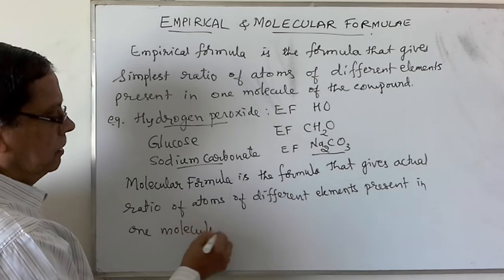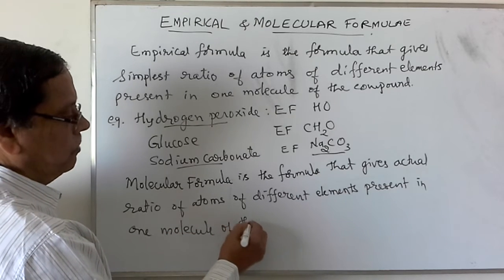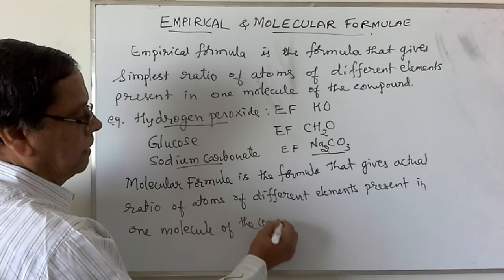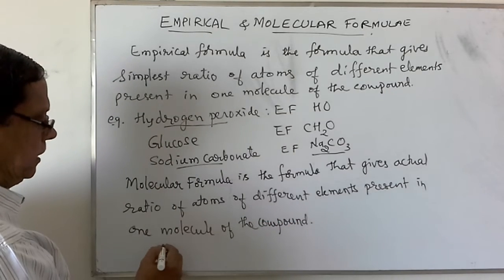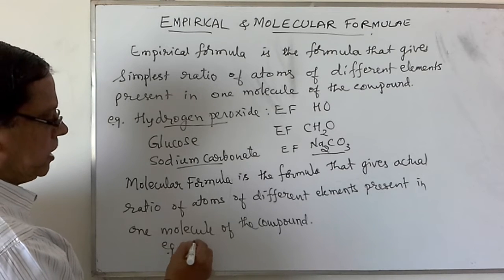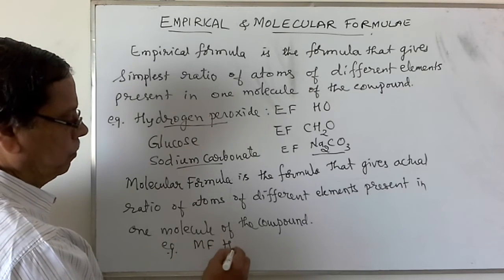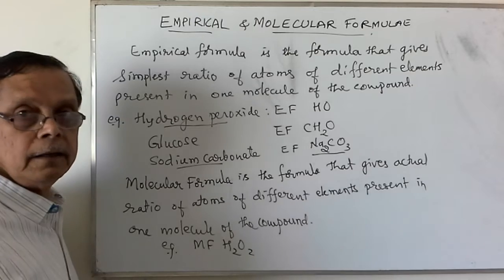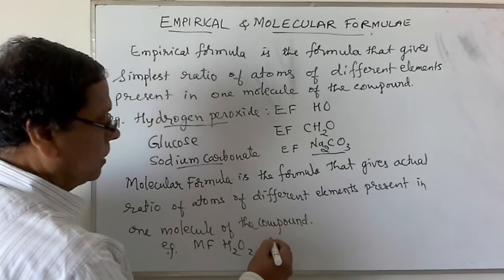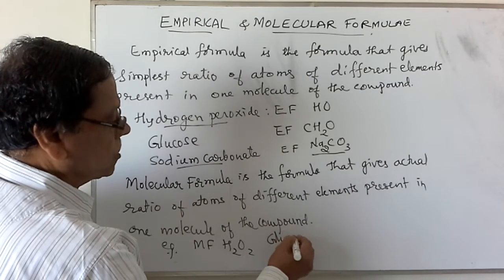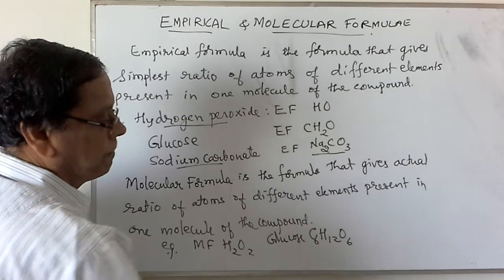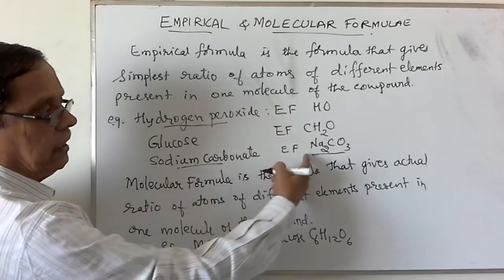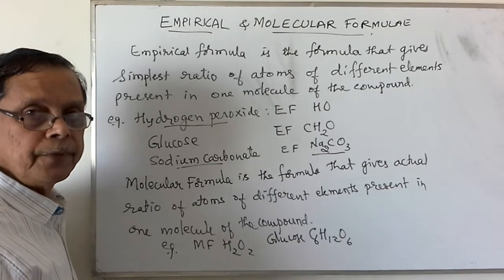Say for example, for hydrogen peroxide, molecular formula is H2O2. Similarly, for glucose, it is C6H12O6. For sodium carbonate, it is the same, Na2CO3.